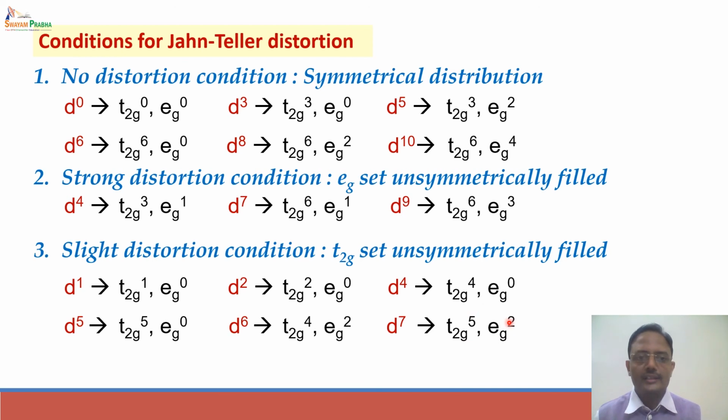In all these cases, the eg is symmetrically filled, but t2g is unsymmetrically filled, and in such cases there will be slight distortion taking place, called the Jahn-Teller distortion.